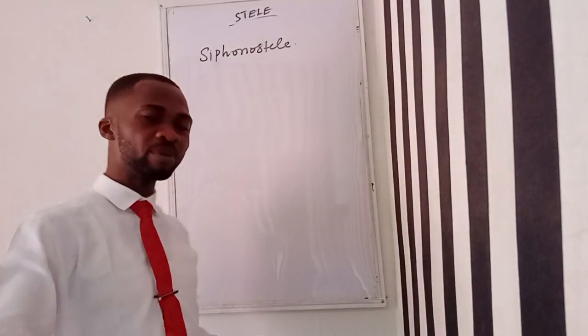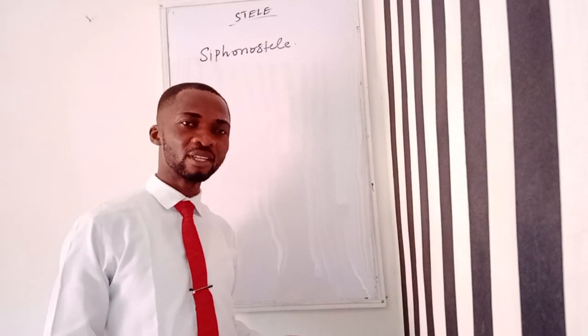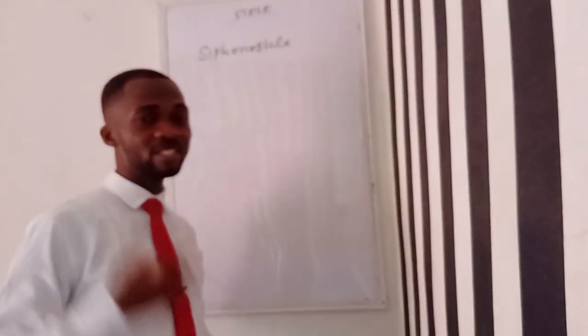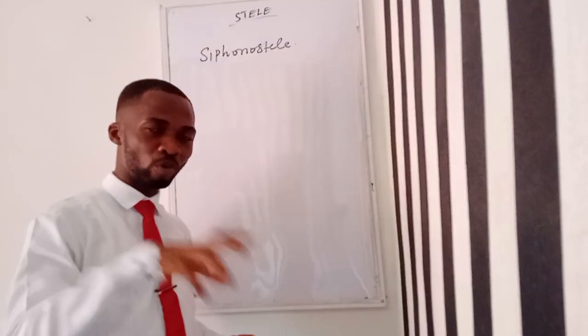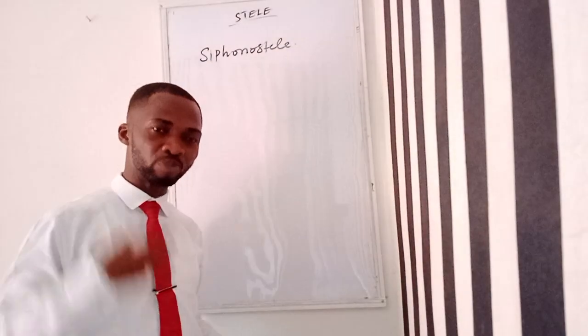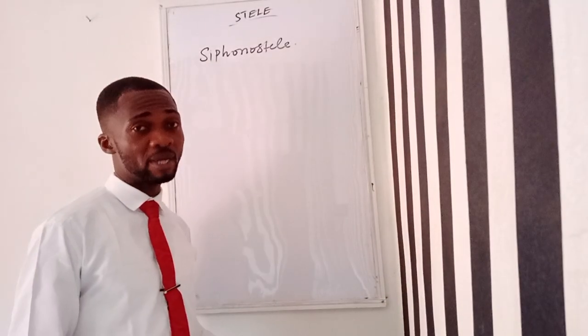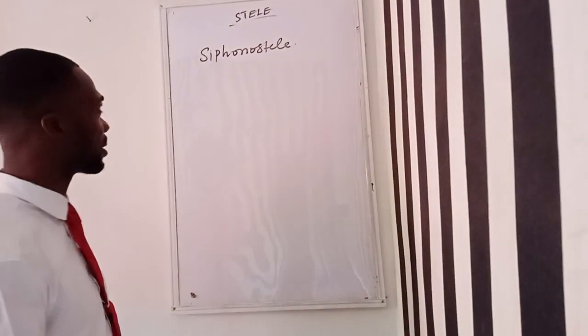As the pith appeared, it pushed away the xylem that was illegally occupying its position, because the central column is supposed to be occupied by the pith. But it does not happen like that in the protostele. That is what we've been trying to establish.